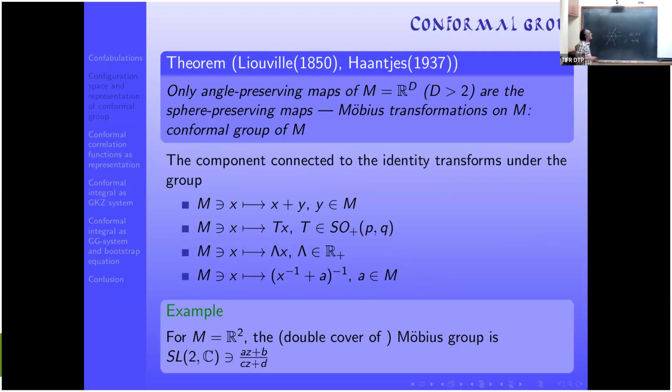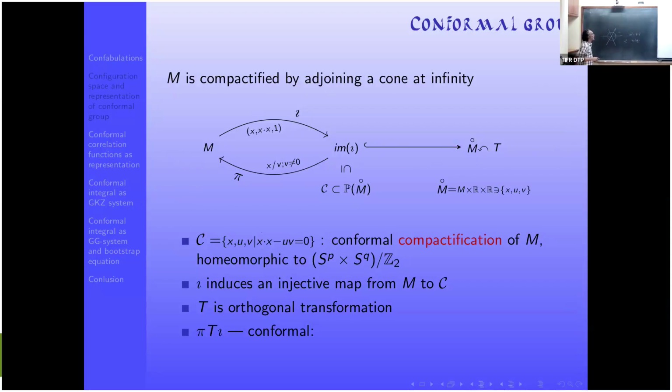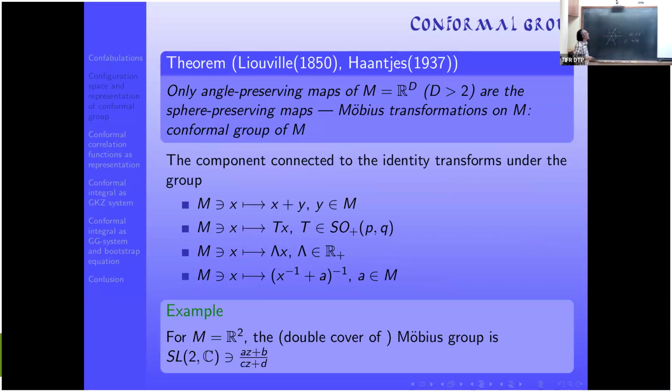Right. So this is the setup, and now as I said, conformal maps are angle preserving maps. And there's a theorem which goes back to Liouville in 1850 and generalized in 1937 by someone called Hantius.